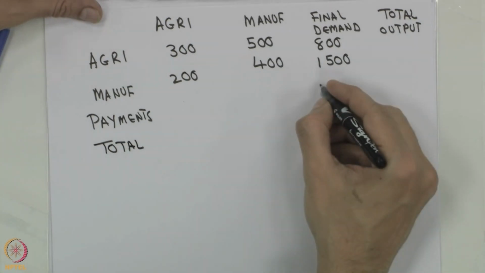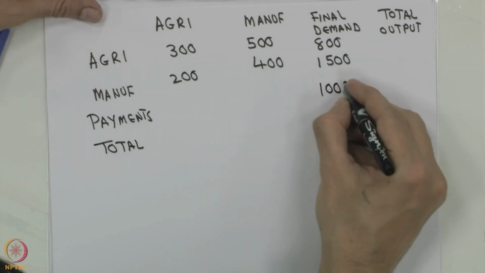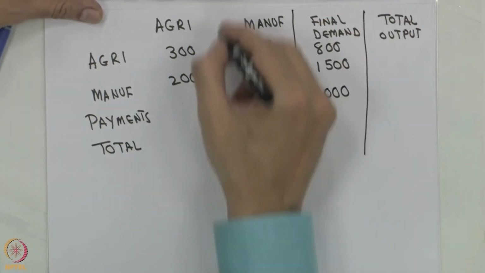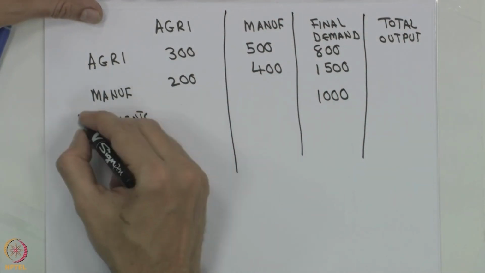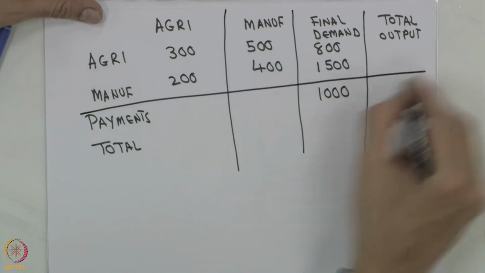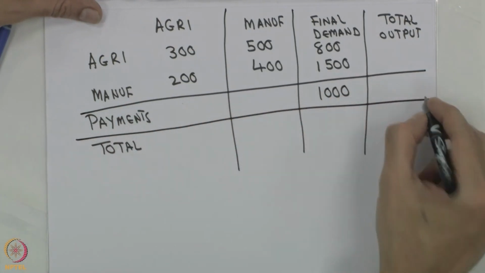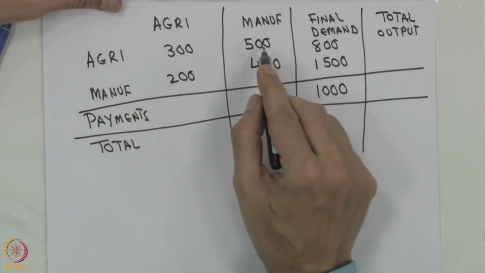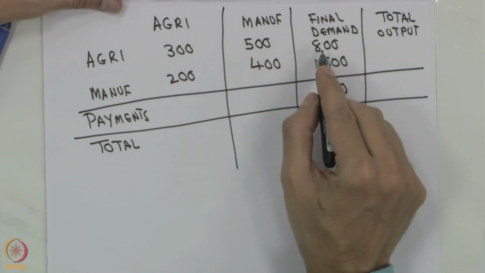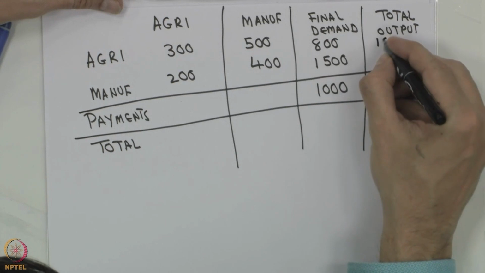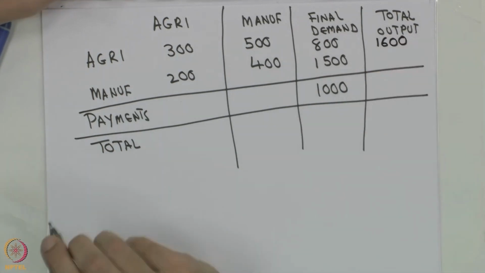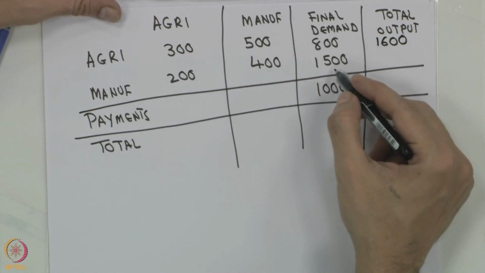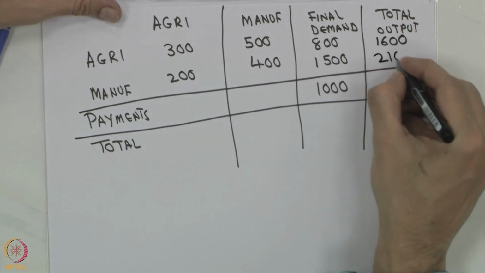The value is given to you. This is fairly straightforward. We have already seen this. We can sum this up: 300 plus 500, 800, plus 800, 1600. This will be the total output. Here, 200 plus 400, 600, plus 1500, 2100 million tons.